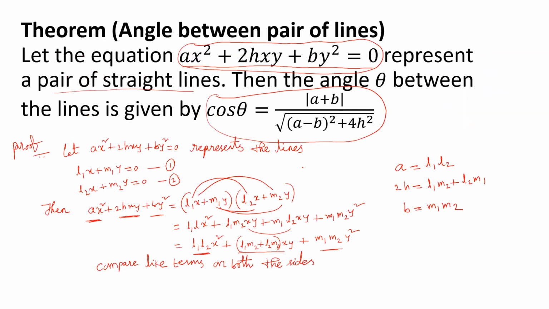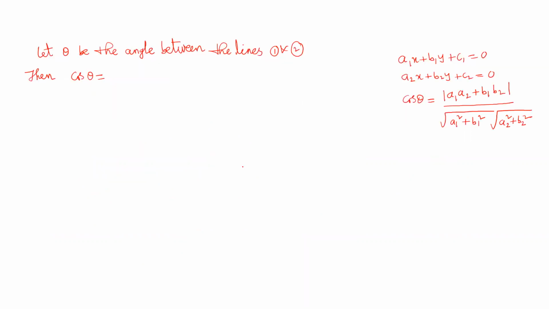But here what lines we are having? First and second, L1x plus M1y, L2x plus M2y. Our lines are L1x plus M1y is equal to 0, L2x plus M2y is equal to 0. So here you can compare these two and these two. So in this cos theta formula, we are going to replace a1 by L1, b1 by M1, a2 by L2, b2 by M2.